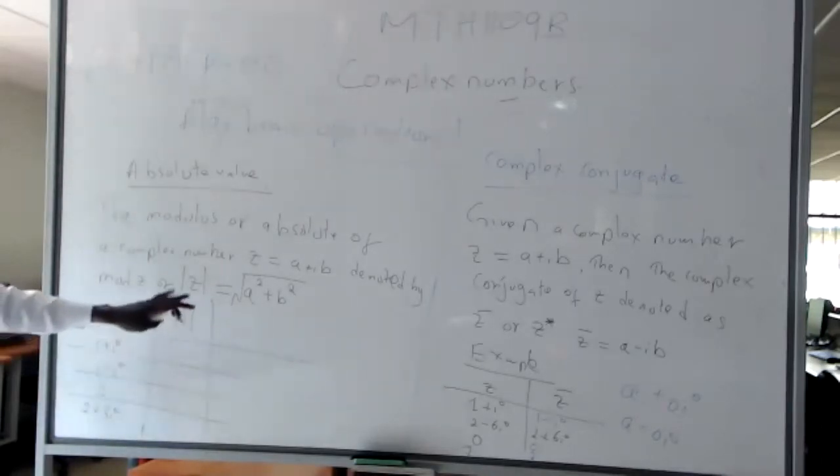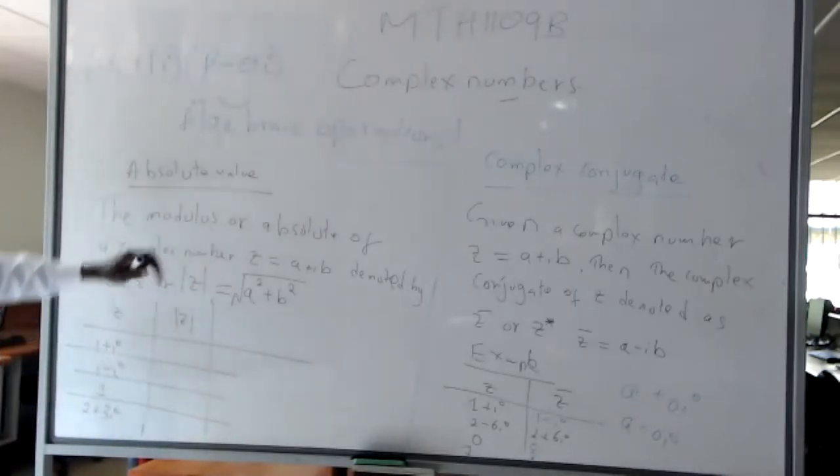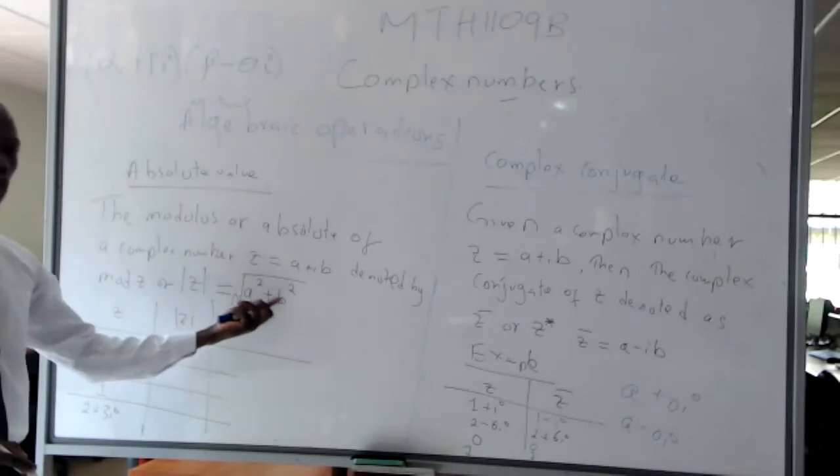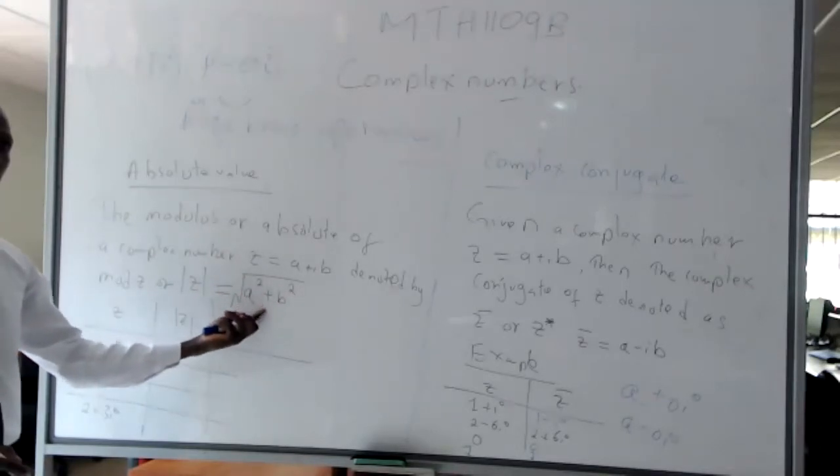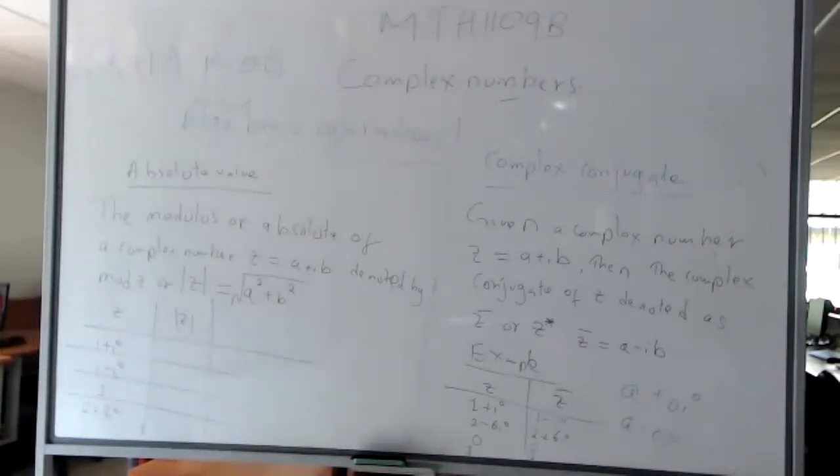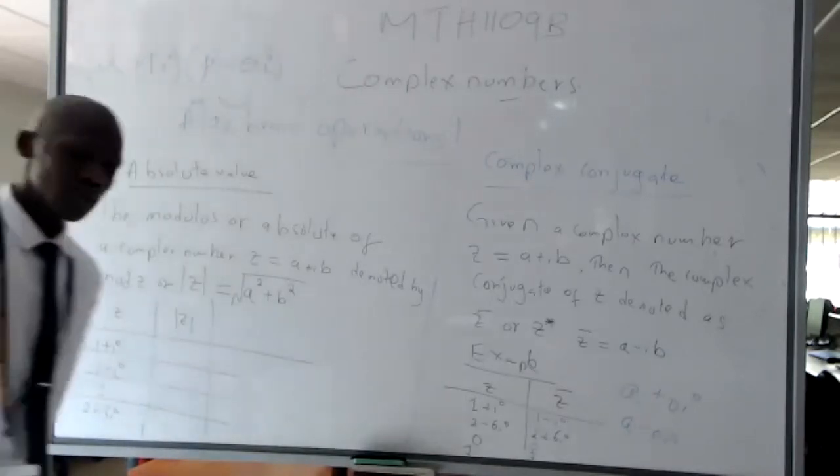The definition is that the absolute value of a complex number is the square root of the sum of the squares of the real and imaginary parts. Good. So we have a complex number 1 plus i. What will be the absolute value, using this definition? 1 square plus 1 square. What is that? Give me the final.